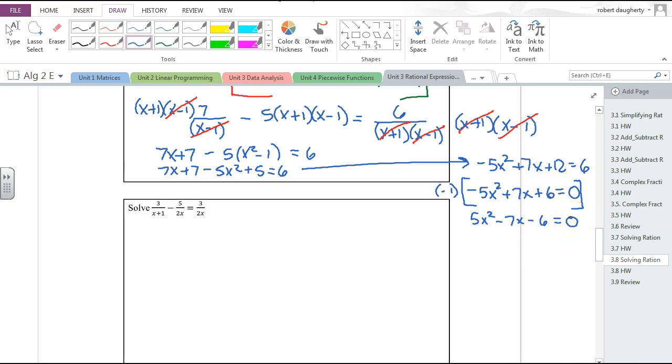So now I'm looking for two numbers that multiply to give me what? Negative 30, and add to give me negative 7. Are there numbers that do that? Yeah. What about negative 10 and 3? Those multiply to negative 30 and add to negative 7.